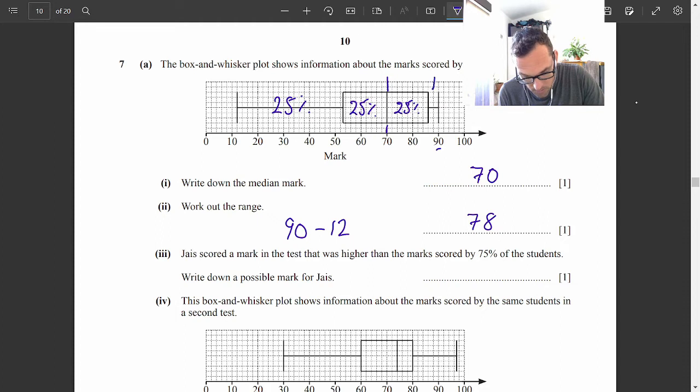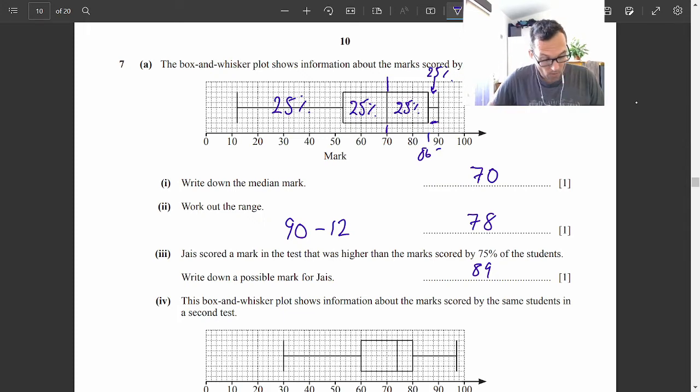And then the top 25% would be above the upper quartile. So any value that falls in this bracket here, which is from 86 to 90, so you can write down any possible value, 87, 88, 89. She could be the top student scoring 90. I'm going to go for the safe 89. That's a sweet answer. Okay.